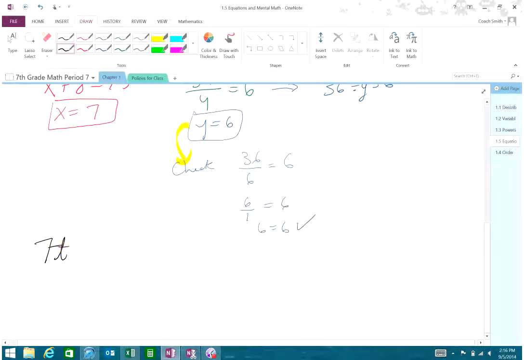7t equals 56. 7t equal 56. Tristan, what did you get? Just what's the answer?